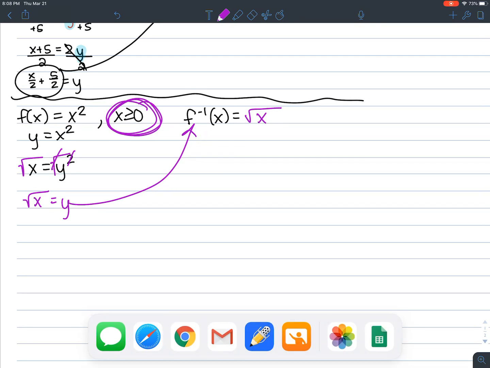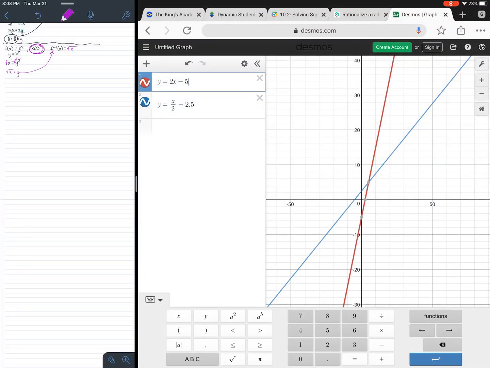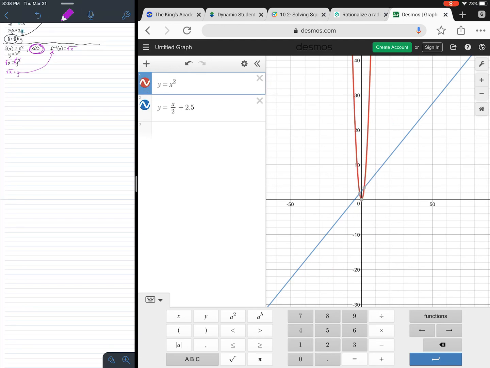So now let's see what that graph would look like for these. Okay, so we have y equals x squared. And again, we're only going to be looking at the right side of this. So I'm going to try and move the graph. And then y equals the square root of x.